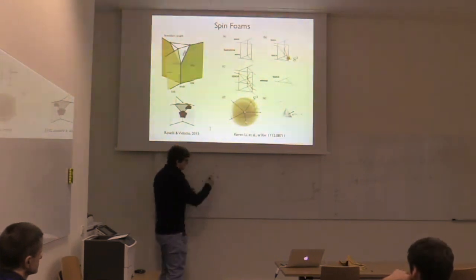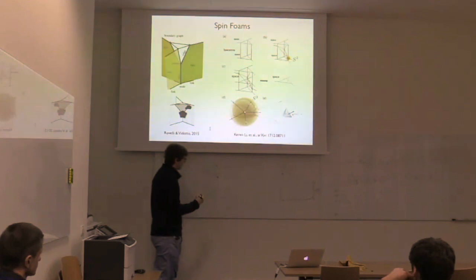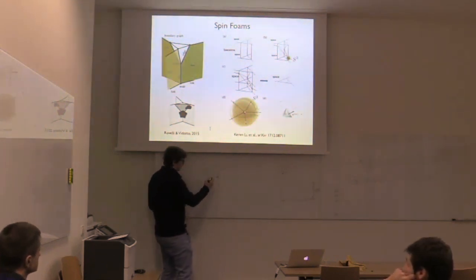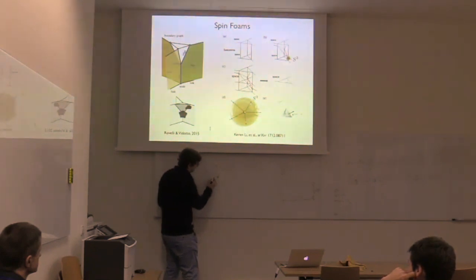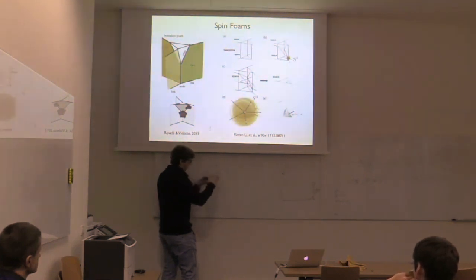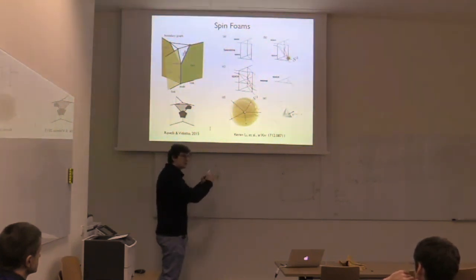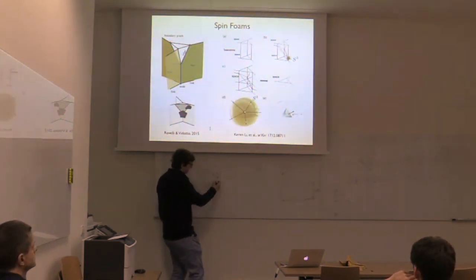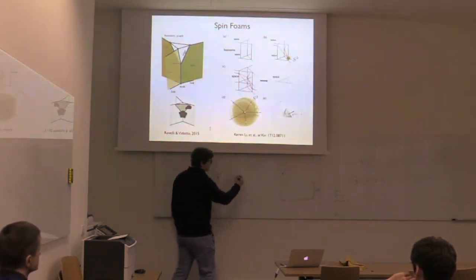You want to create a boundary. To create this discrete boundary, you associate nodes with all the links around the vertex, and you create a spin network which is enclosing this vertex.